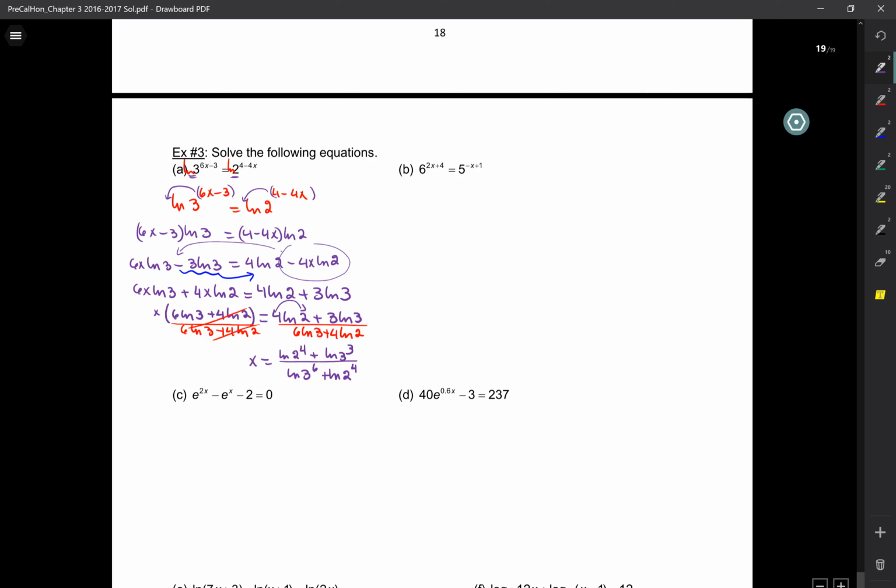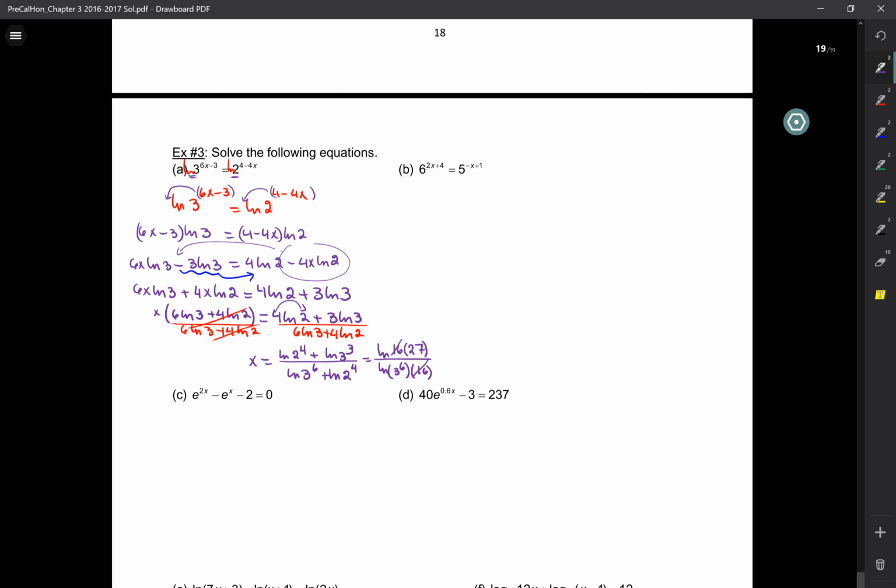Can I condense further? Sure I can. This is ln of 2 to the 4, 16, times 3 to the 3, 27, over ln of 3 to the 6, times 2 to the 4, 16. Will those go away? Sure they will.